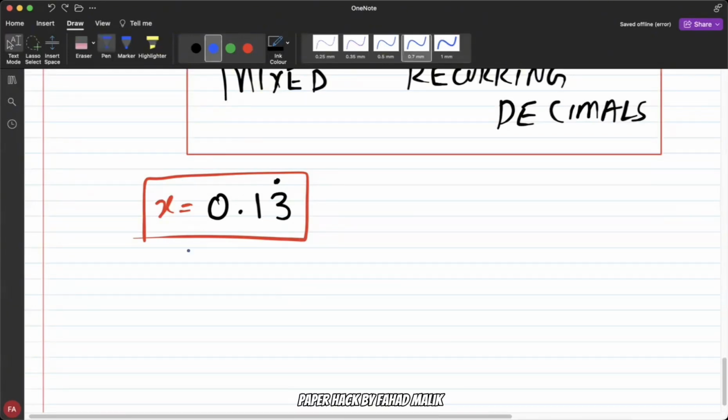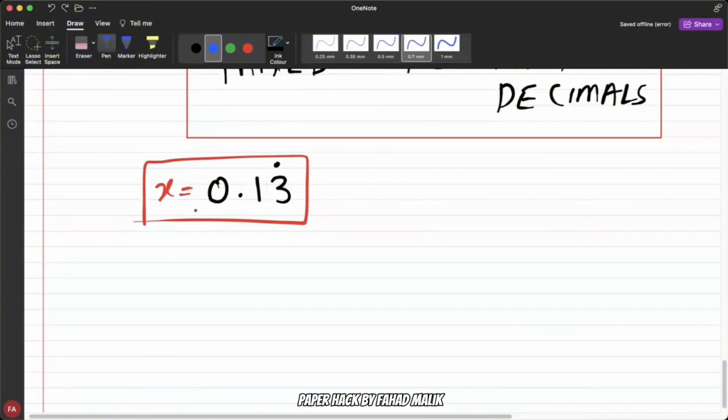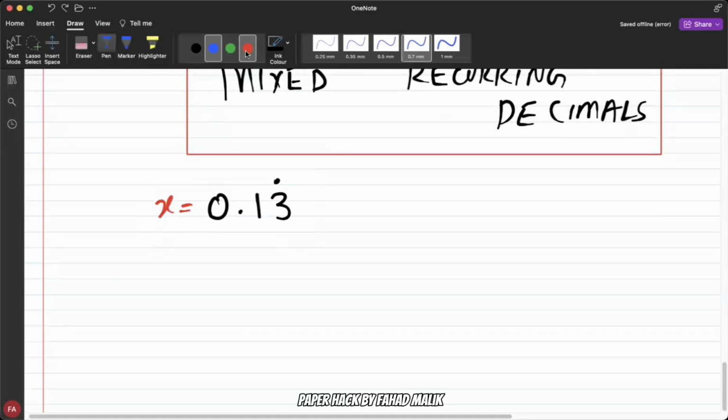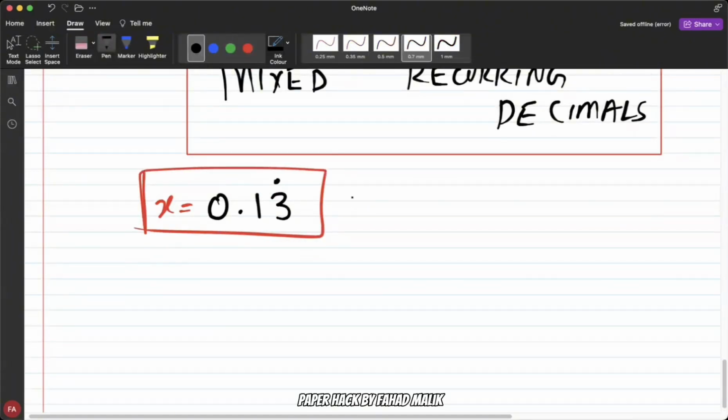So in this case, I will be multiplying this by 10. Why should I multiply this by 10? Because there's only one number that is being repeated. If I do multiply this by 10, is it possible for me to write it down in this way? Of course it is.